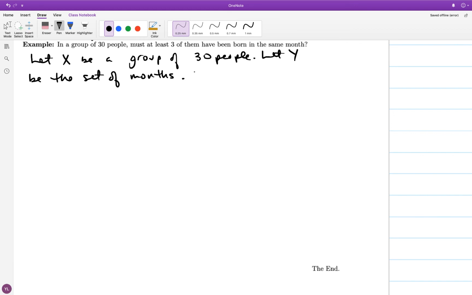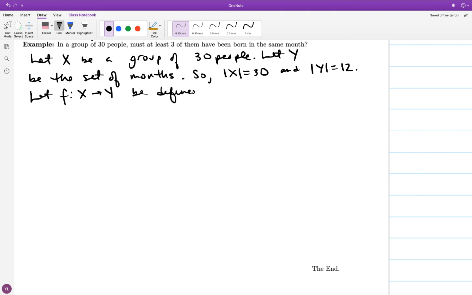And let's just make the observation that the cardinality of X is 30 and the cardinality of Y is 12. And let's set up a function. If you put a person in the function, then it tells you what month they were born.